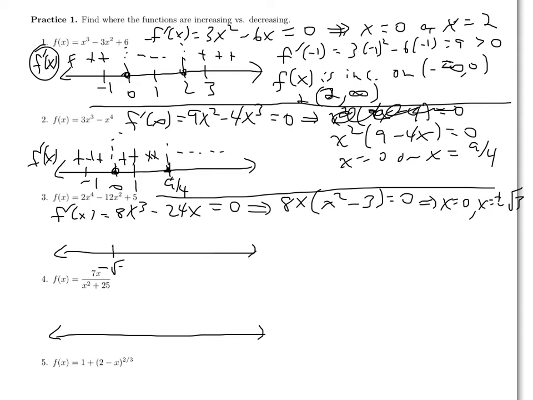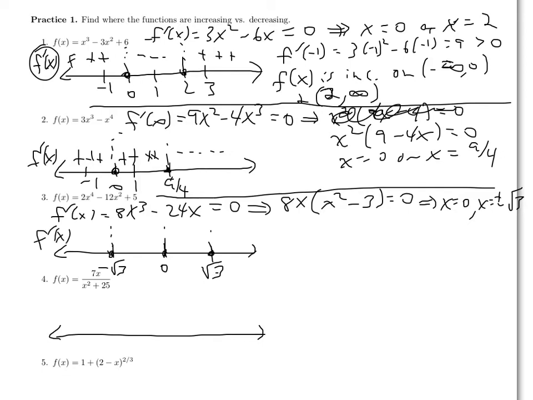So I'll have negative square root of 3, 0, and positive square root of 3. And the square root of 3 is somewhere between 1.5 and 2. So those are my critical values, meaning those are the ones that could separate the sign change in the derivative.